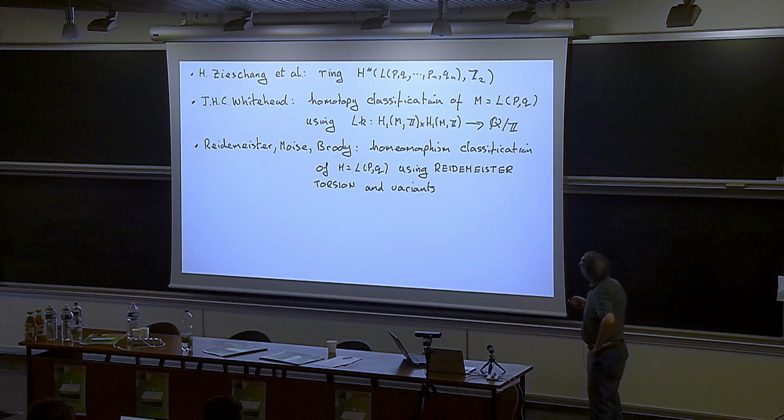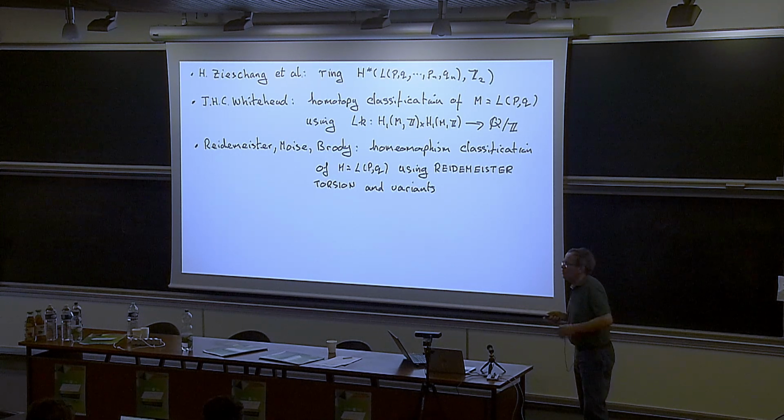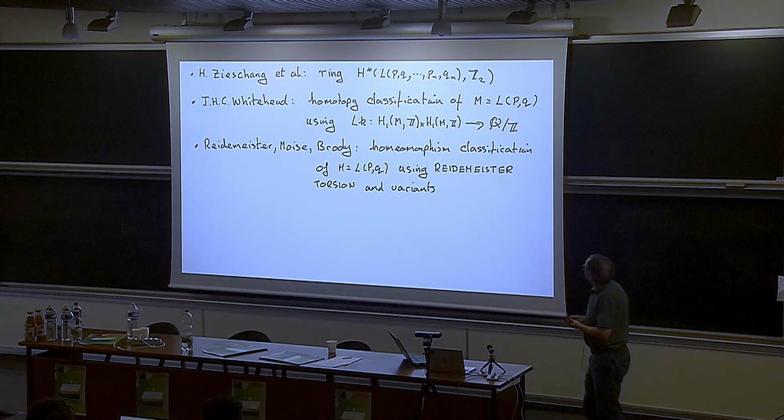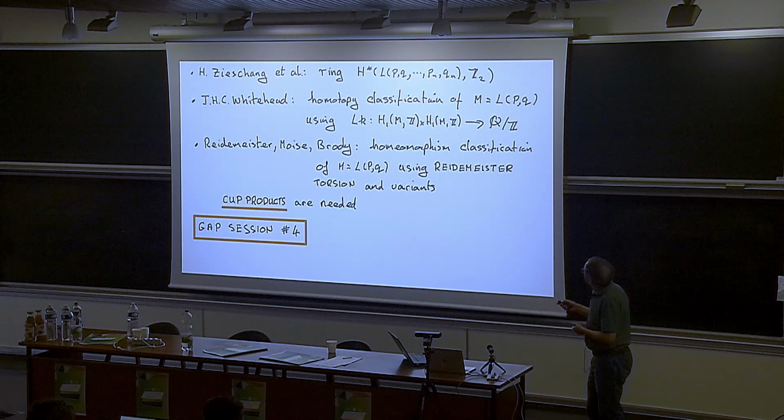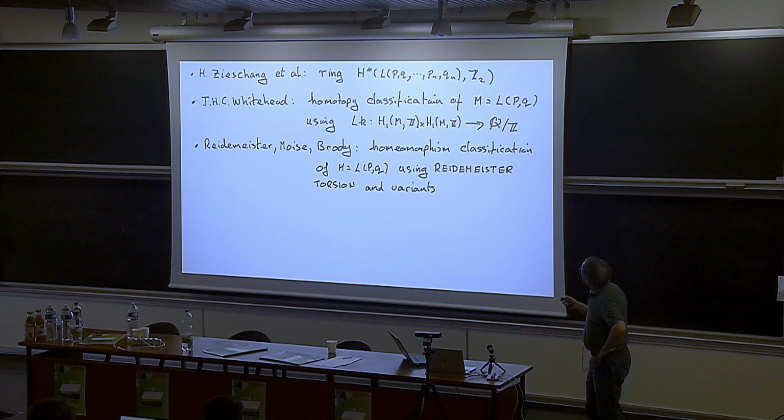Reidemeister classified lens spaces up to piecewise linear, and then Moyes classified them up to homeomorphism.